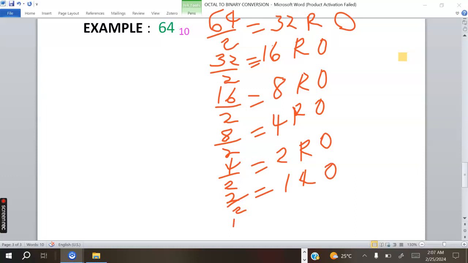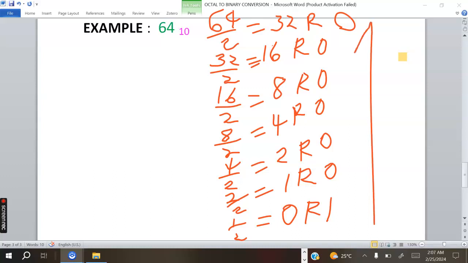And lastly, 1 over 2 is equal to 0 remainder 0. Sorry, not remainder 0, but remainder 1. As long as you are able to get the quotient being 0, it means that that is the last part of your working.